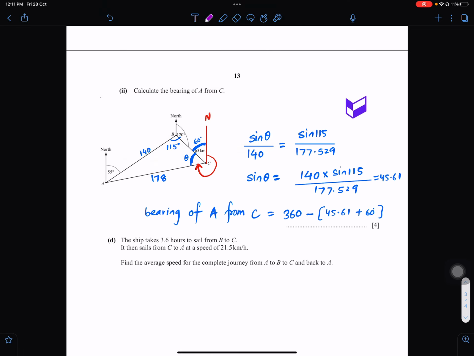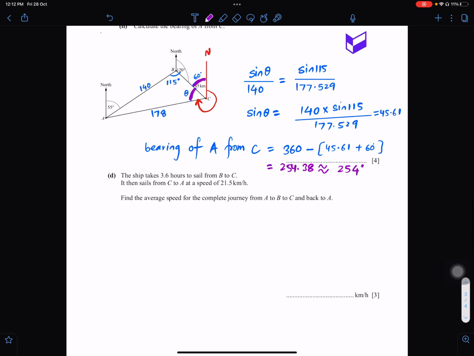So basically I'm taking this angle and subtracting it from 360 degree so that I get the required bearing. So 360 degree minus 45.61 minus 60 degree gives me 254.38. The bearing has to be represented with 3 digits, so I will make it as 254 only. So 254 degree is the bearing of the point A from the point C.